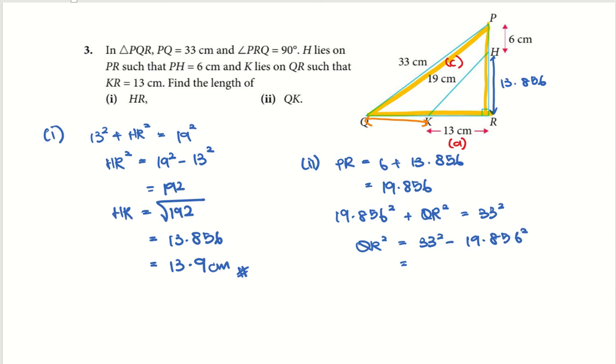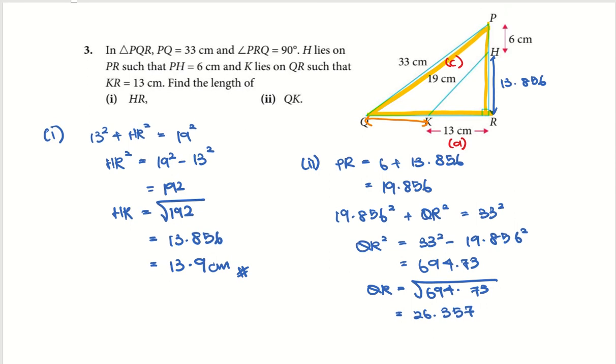Press calculator. I give you some time. Please press into your calculator. Don't be lazy. You get 694.73. Remember to take your square root. You get 26.357.